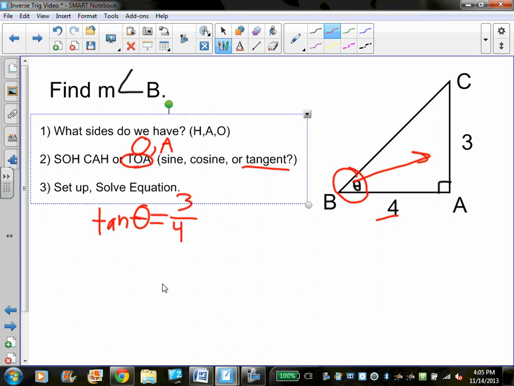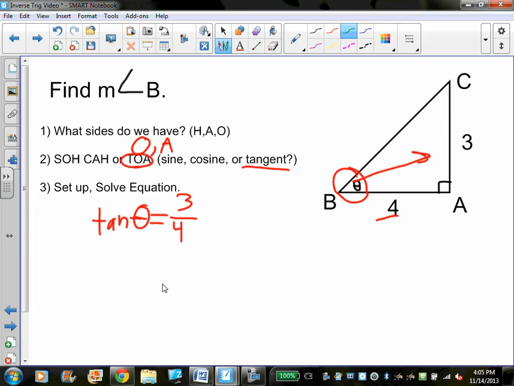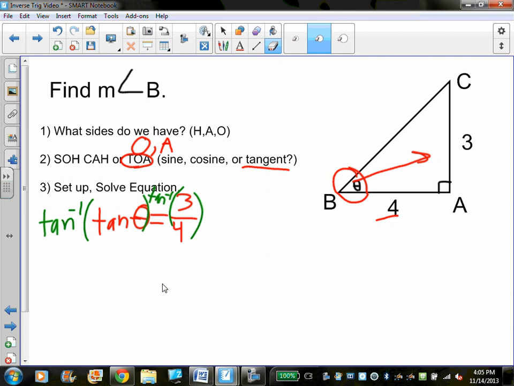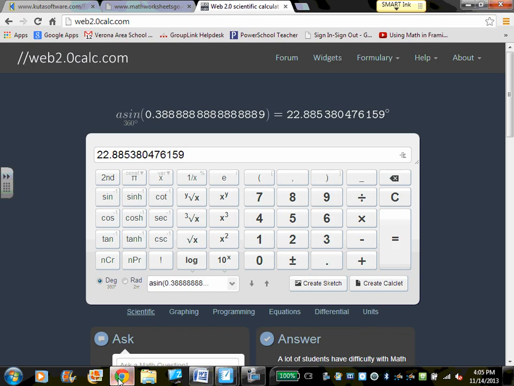Then just like the last problem, to get theta by itself, we're going to do the inverse of tangent on both sides. So it's the inverse tangent of 3/4, which is 0.75. I need to clear the calculator first, so let me do that.